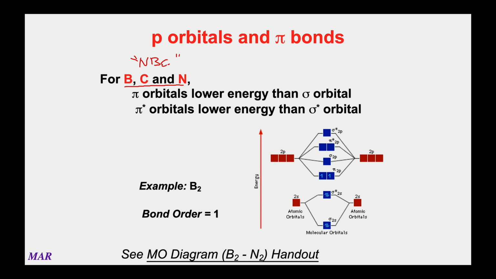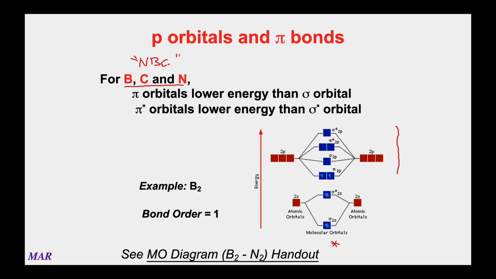But anyway, that's just what works for me. If you have a BCN or NBC, notice the picture down here showing the 2p interactions. The 1s's would be down here. They're filled and boring, so not that exciting. And the 2s's, you can see right above it, bonding and anti-bonding are both filled, also not very exciting.